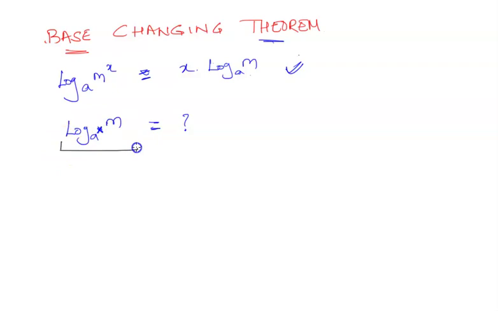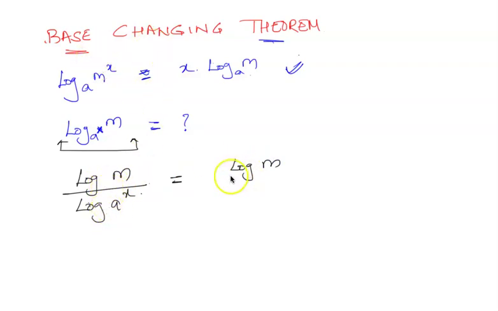So again, this is more complex than this, so we again use our base changing theorem. So we said this is equal to log m by log a raised to the power of x, which is equal to log m, and I haven't chosen any base because you can use any base when you're using a base changing theorem and it doesn't matter, is equal to x log a, which is basically from this property.